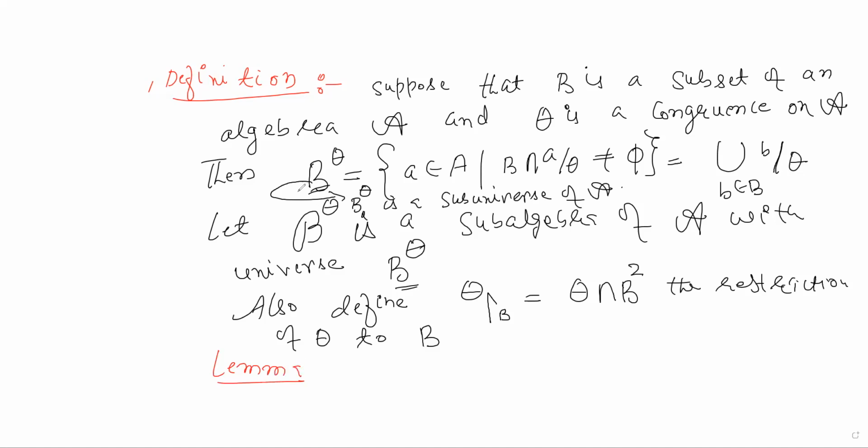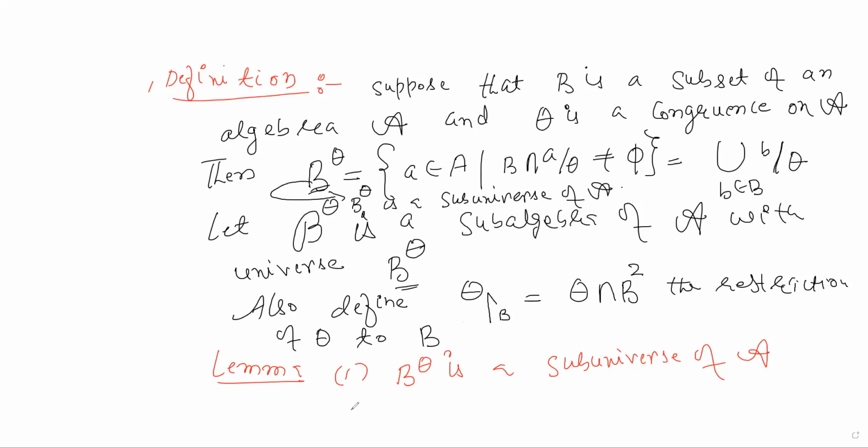First, this B theta, which was the collection of the theta classes of elements of the subset B of this algebra A, is a sub-universe of A. If B theta is a sub-universe of A, it is a universe, so I can take the subalgebra of A whose universe is B theta.